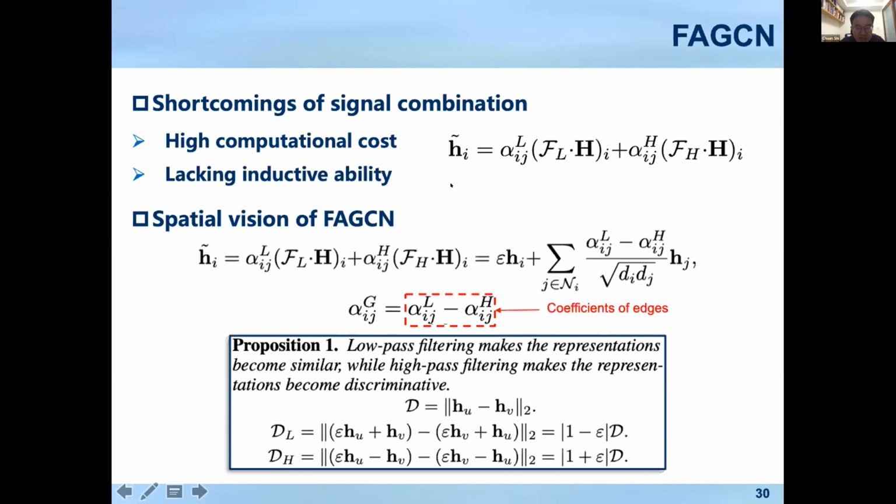So we rewrite the equation and infer the spatial version. In this equation, we can see that the FunGCN also aggregates the labels with attention values.